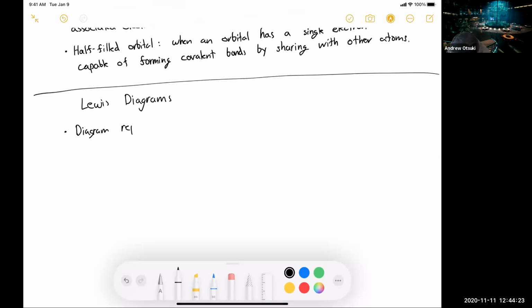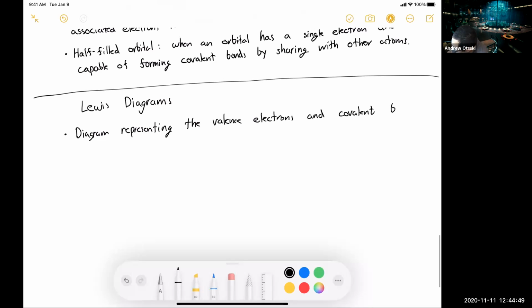It is a diagram representing the valence electrons and covalent bonds in an atomic or molecular species.